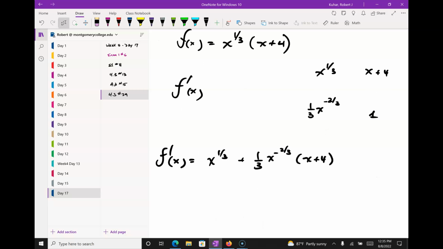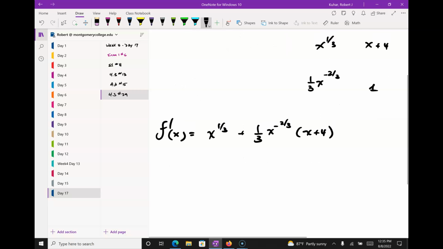And you see it's just kind of nasty. Again, I could factor this, but I'm going to do LCDs. I think LCDs are easier for most students to follow than factoring out a negative exponent. So I've got x to the 1/3 plus x plus 4 over 3x to the 2/3.